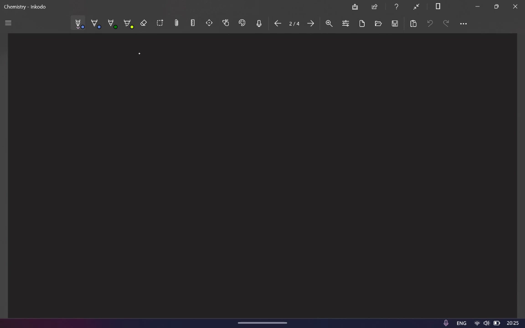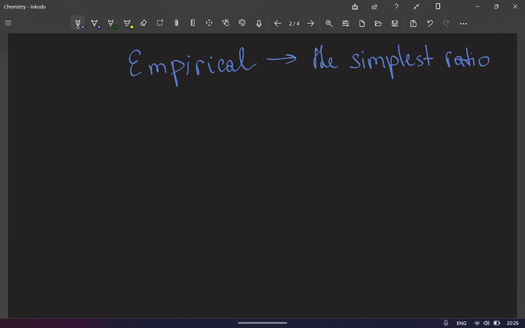Let me just write it down. Empirical is simplest ratio, while molecular formula is the actual ratio.